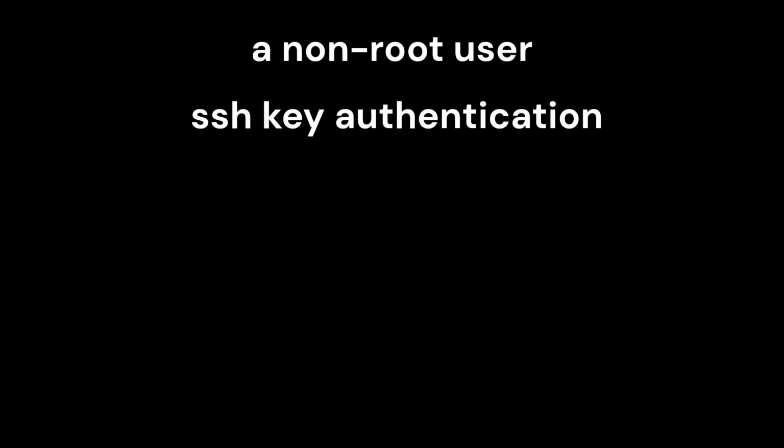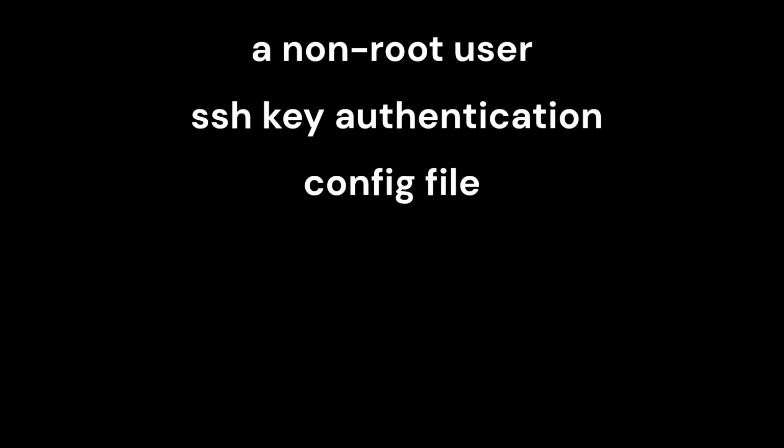Server security is very important. So we will continue the server hardening process by implementing the following measures. Adding a non-root user, which we already did. SSH key authentication deals with replacing password usage with the public-private key pair authentication system when logging into your server.